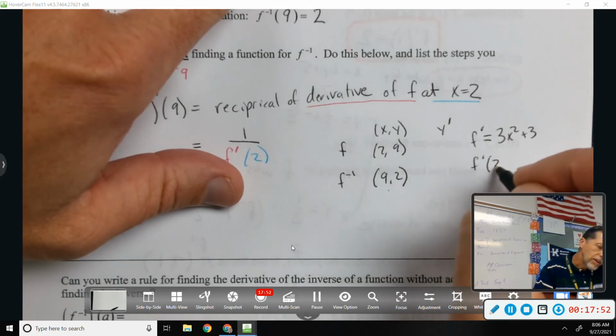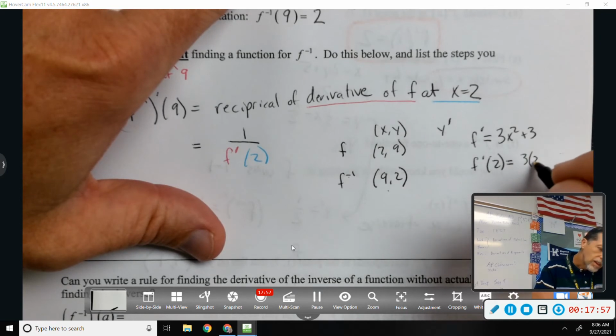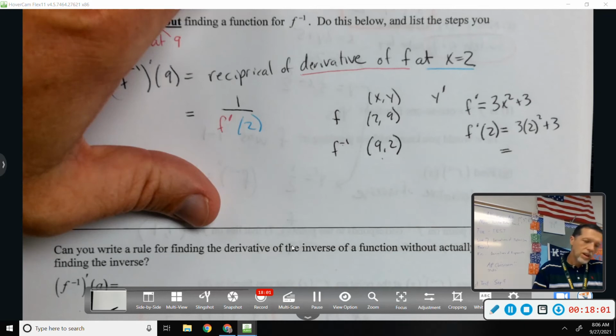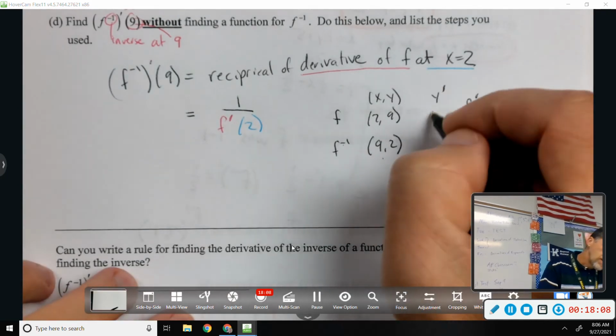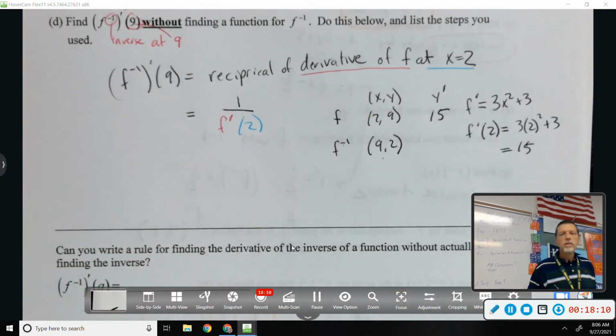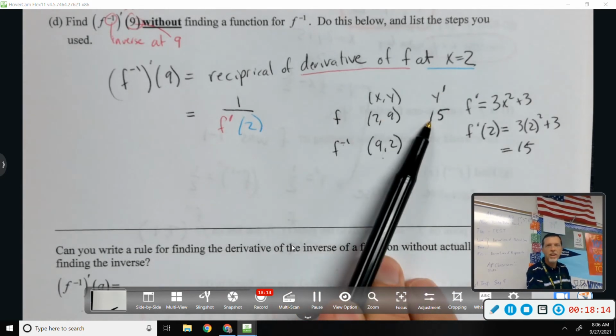If we evaluate that at 2, three times 2 squared plus 3. 4 times 3 is 12, plus 3 is 15. So the derivative of F at 2 is 15.